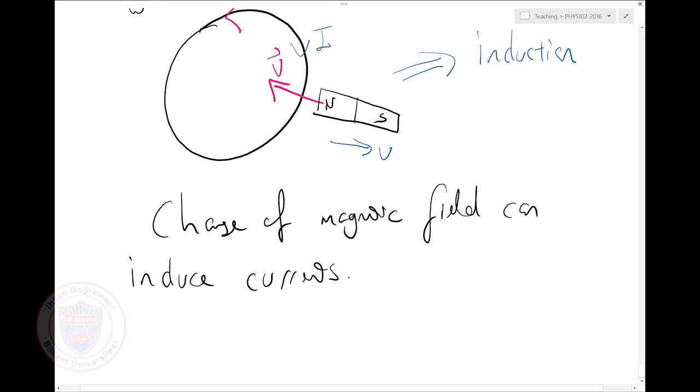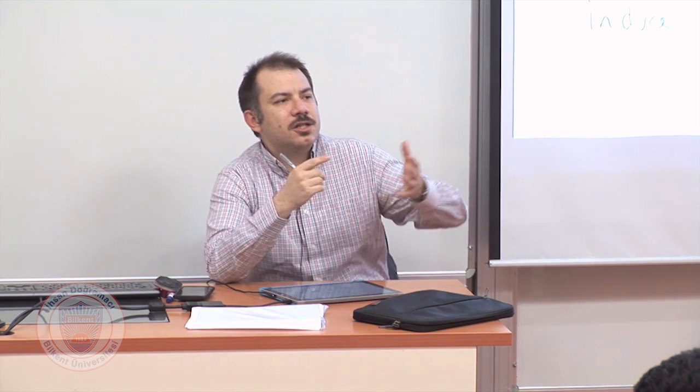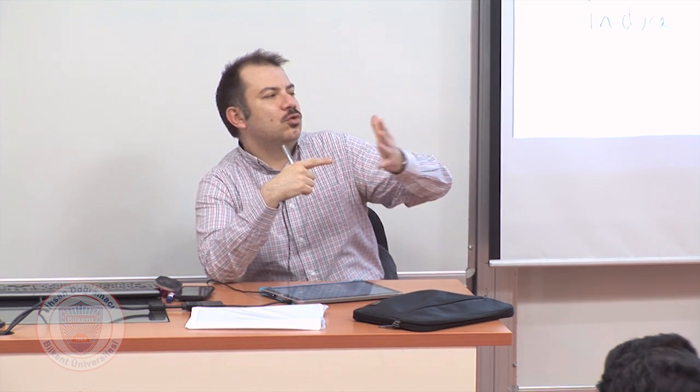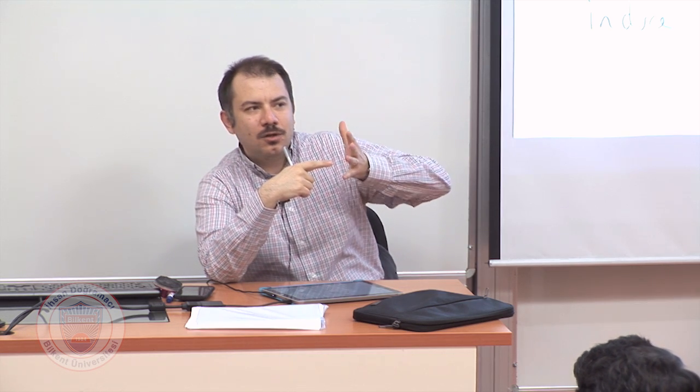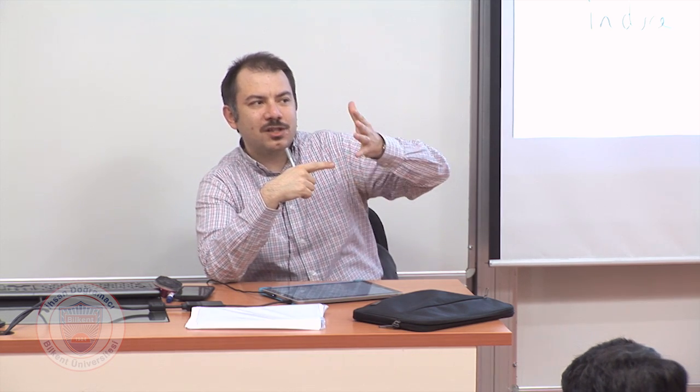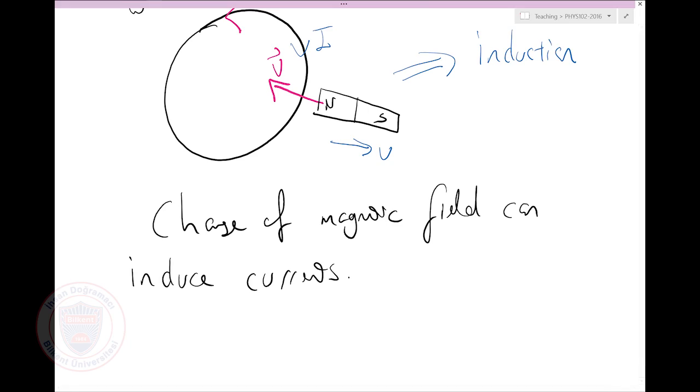But then he noticed something else. Is the magnetic field really changing if I'm moving the loop? No, the magnetic field in space is constant. I'm actually moving the loop with respect to that. So maybe it's not the change of magnetic field. Maybe we should be more specific about what's causing these currents. And he narrowed it down.